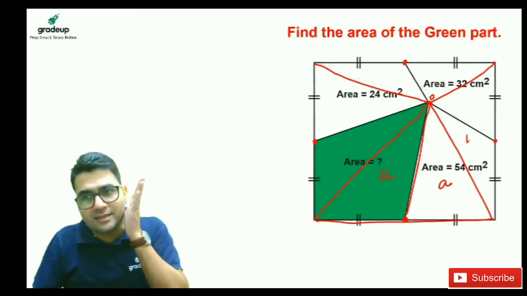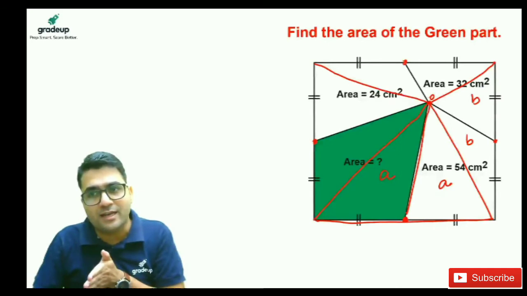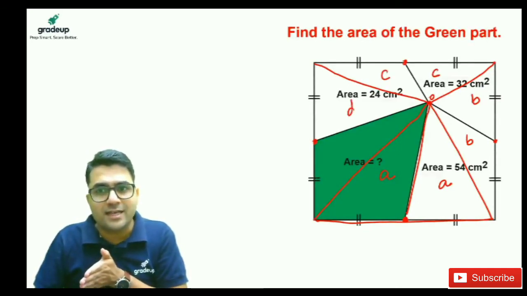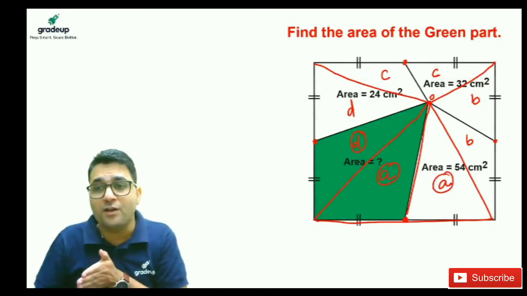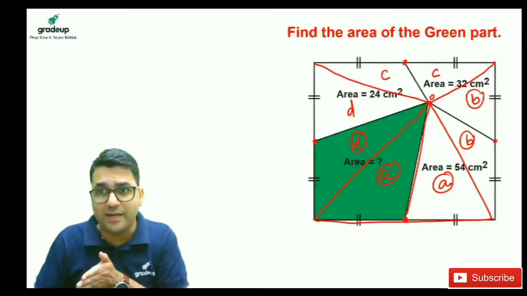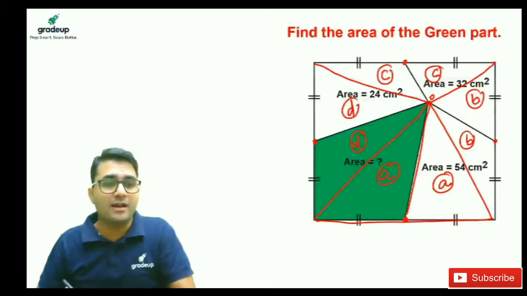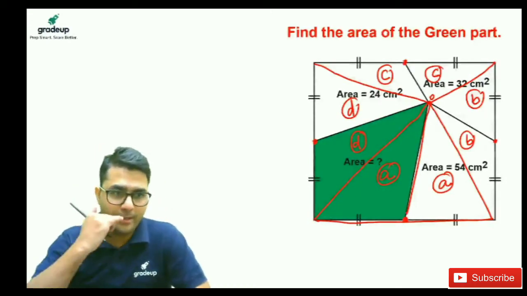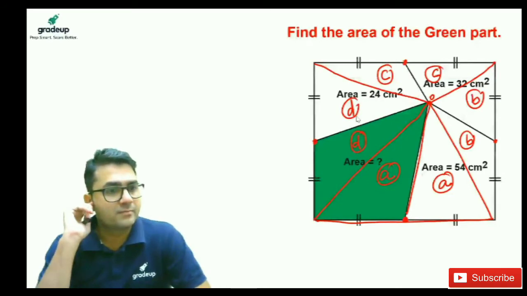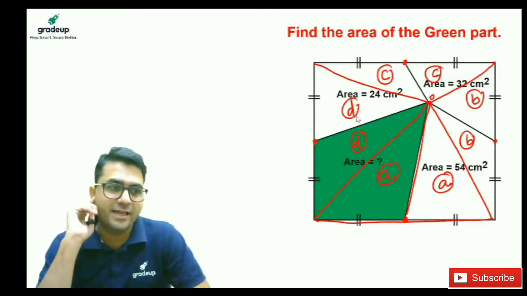Similarly, this area is equal to this area. This area is equal to this area. This area is equal to this area. Yes, the property of median is that median divides the area of the triangle into equal parts.